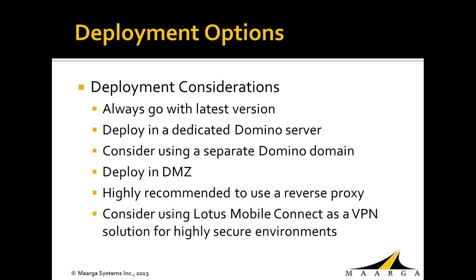So you can verify that with your IBM account manager, and if you are entitled, you can roll out the Lotus Mobile Connect server as a separate product, but client licenses normally come with your Notes user license. So Lotus Mobile Connect is a full-fledged VPN solution which can be used not just for Traveler, but for any of your Domino applications. You can make any of your Domino applications available for roaming users or mobile users.